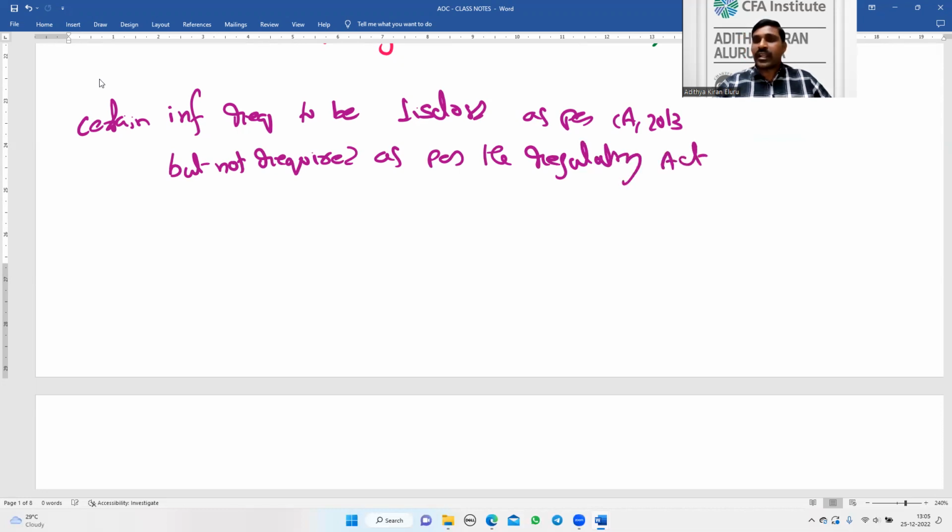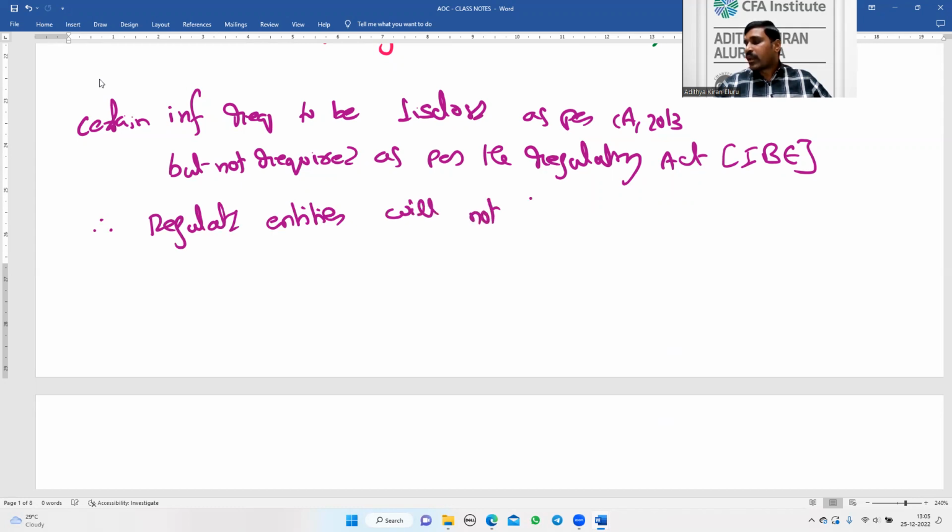Sir, what is the regulatory act? Insurance, banking, electricity. So as per the regulatory act, regulated entities will not disclose such information.